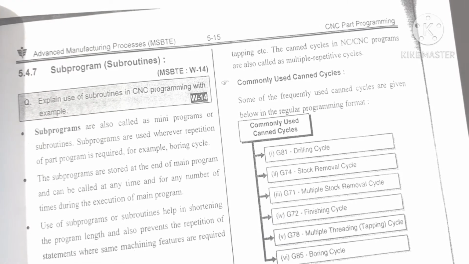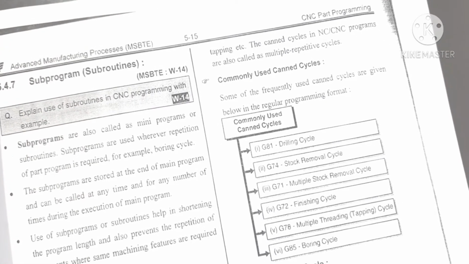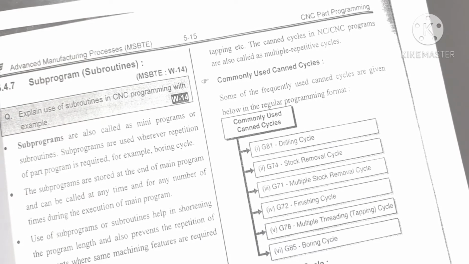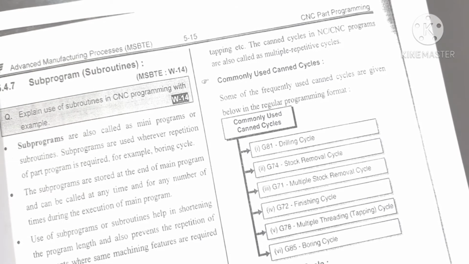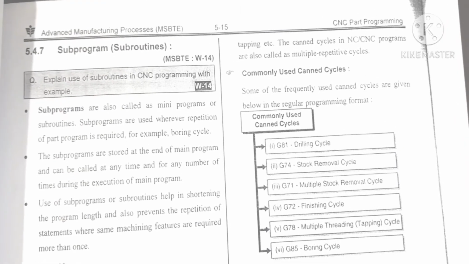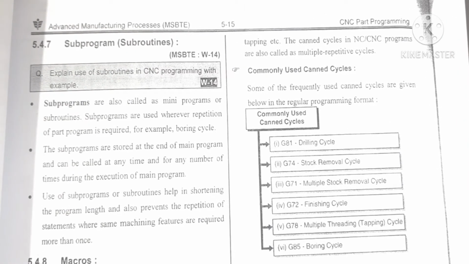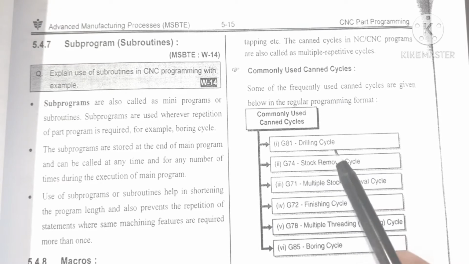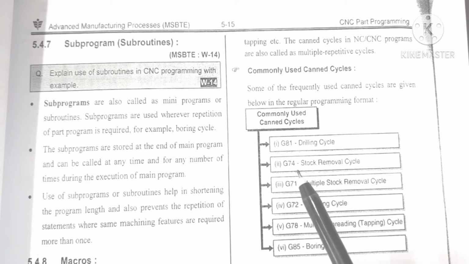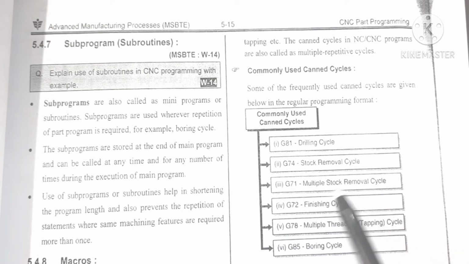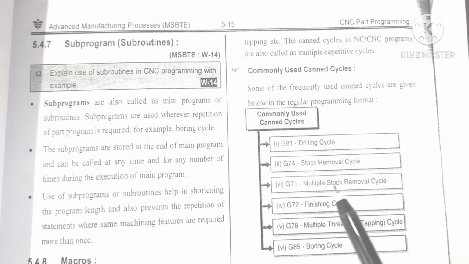Some of the frequently used canned cycles are given below in regular programming format: G81 drilling cycle, G74 stock removal cycle, G71 multiple stock removal cycle, G72 finishing cycle, G78 multiple threading tapping cycle, G85 boring cycle.